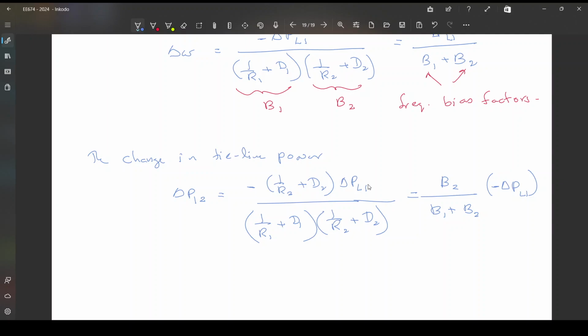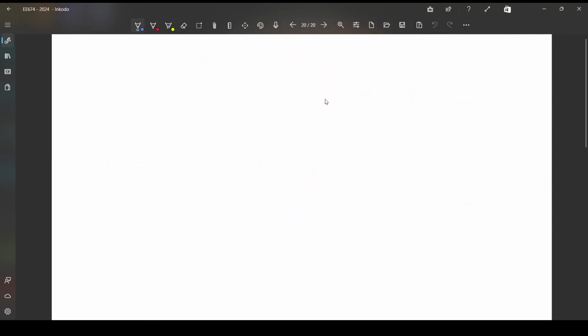Okay, so let's talk about how we can control the tie line power flow, that is tie line bias control.